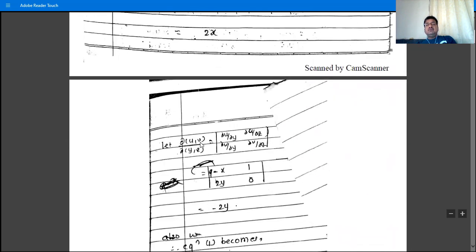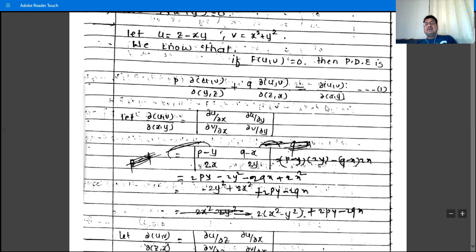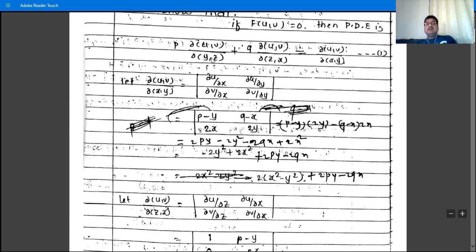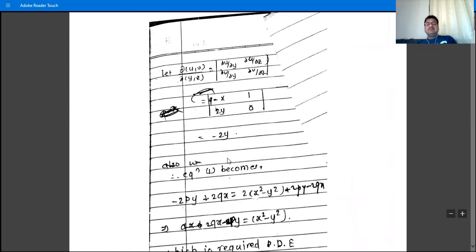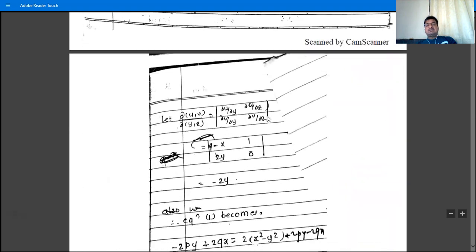Similarly, the Jacobian ∂(u,v)/∂(y,z) is equal to the determinant with rows ∂u/∂y, ∂u/∂z and ∂v/∂y, ∂v/∂z. And ∂u/∂y is what? ∂z/∂y, that is q, minus x: q − x.